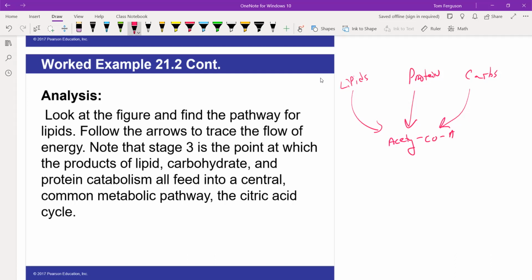Acetyl-CoA. So that's the common point they're talking about here. And then, this should be stage 2, by the way.